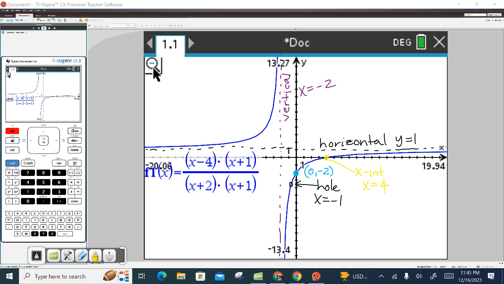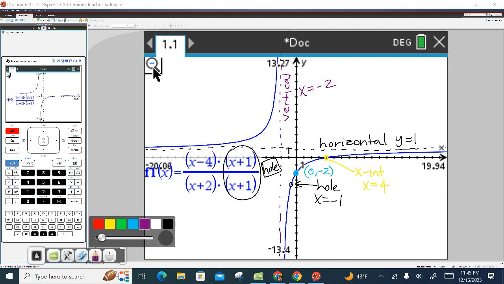Now, how did we find these again? Let's review using the equation. I have a repeated factor here. That's the hole. Okay, that's the hole. I've got x plus 1 repeats. My vertical asymptote is whatever else after we look for holes is left over in the denominator.